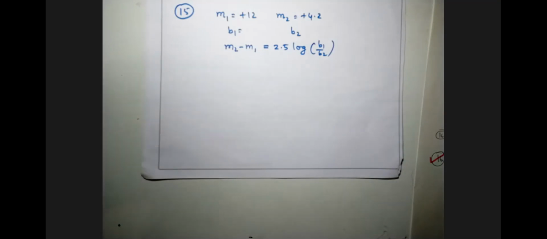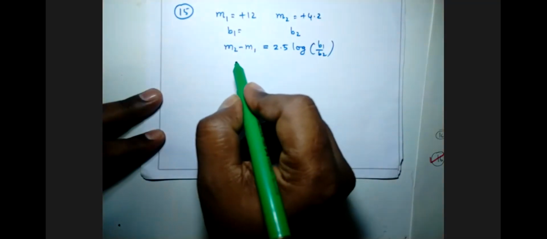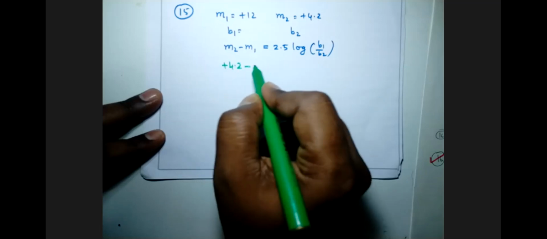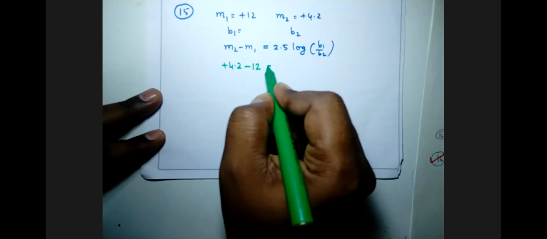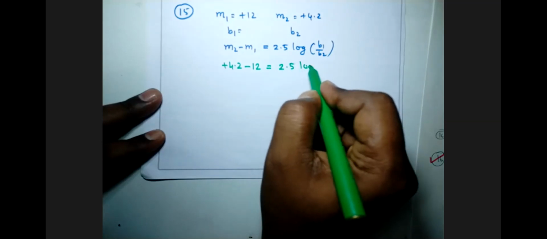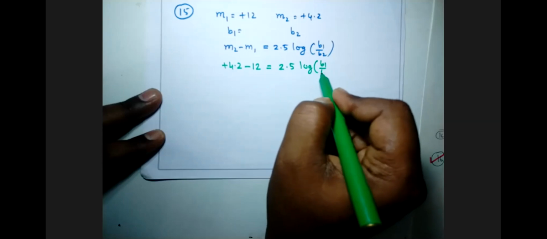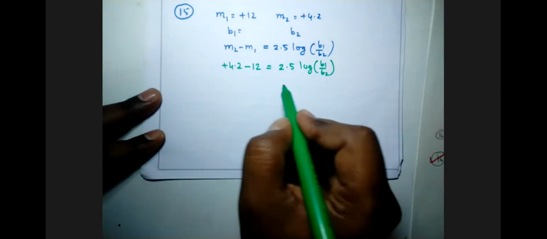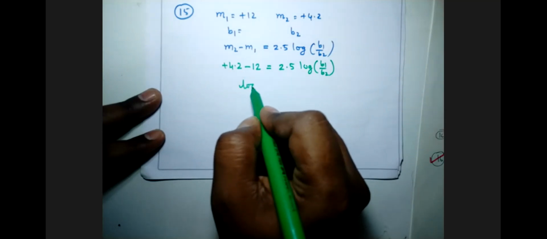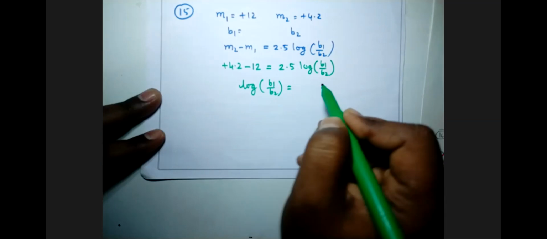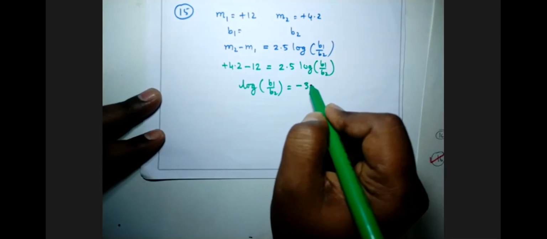Substituting the values, +4.2 minus +12 is equal to 2.5 log of B1 by B2. Rearranging the terms and simplifying, log of B1 by B2 is equal to -3.12.